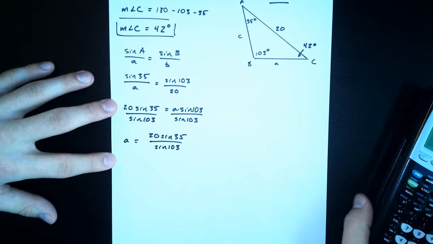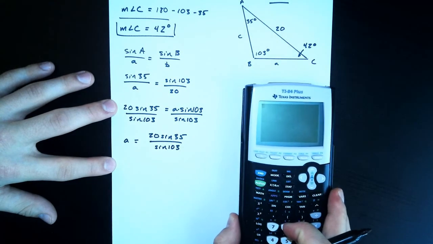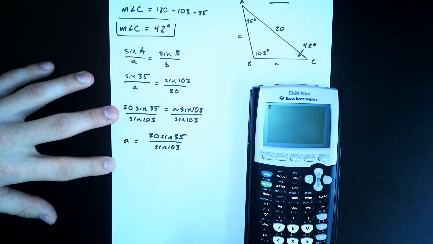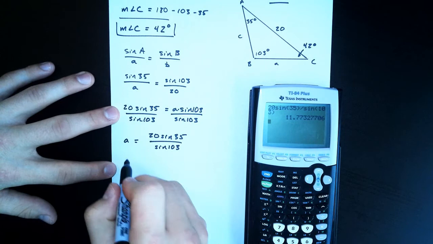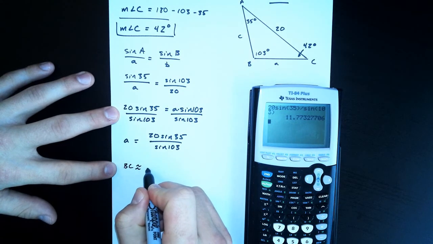Now this is something that we need to use our calculator for. You just need to be careful on how you type this in. When you hit the sine button, it will open up a set of parentheses, so make sure that you close that. You want your calculator to do the order of operations correctly. So our side length BC is about 11.8.